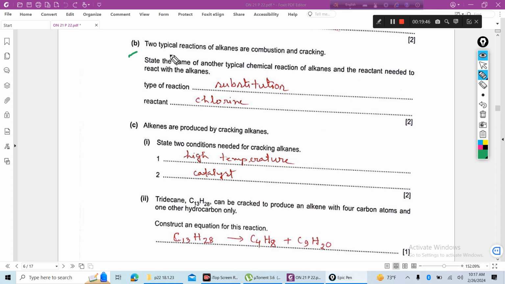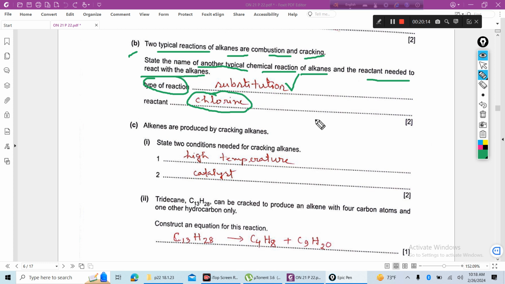Number B, two typical reactions of alkanes are combustion and cracking. State the name of another typical chemical reaction of alkanes and the reactants needed. The type of reaction is substitution reaction, reactant chlorine.